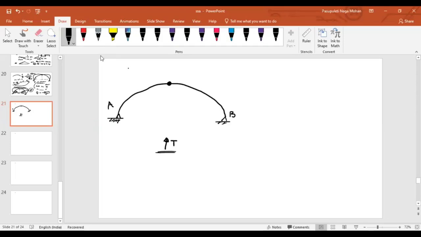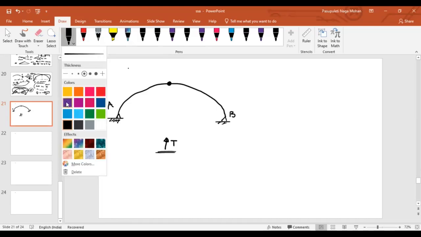Look at the hinge point C. Except the supports A and B, along the curvature of the arch, are there any constraints on other points? No, right. So if there is a temperature change, what will happen?